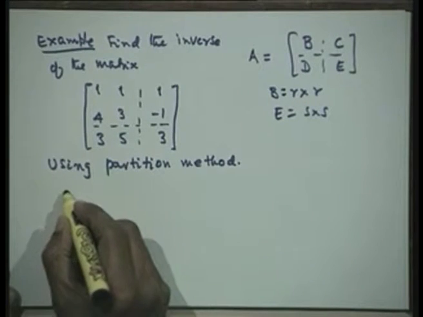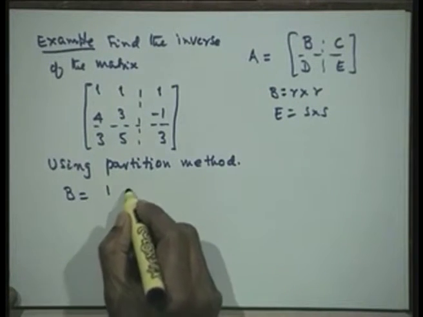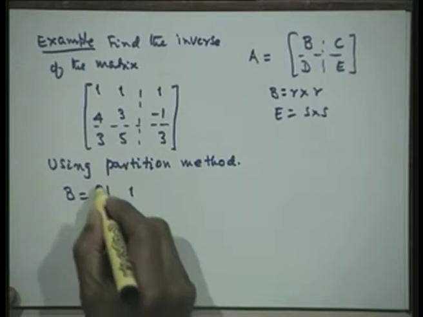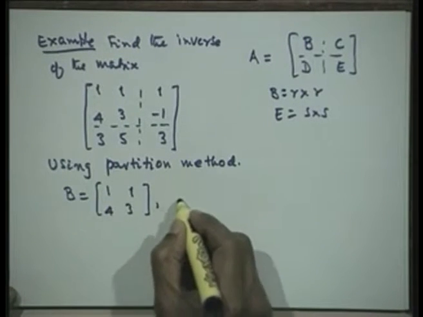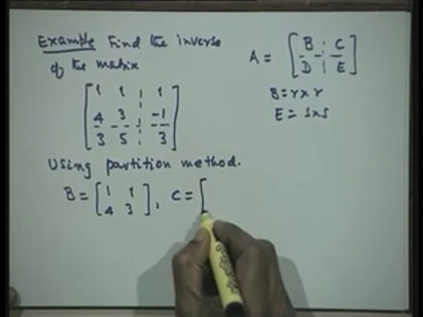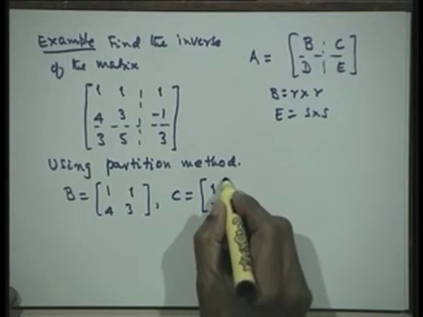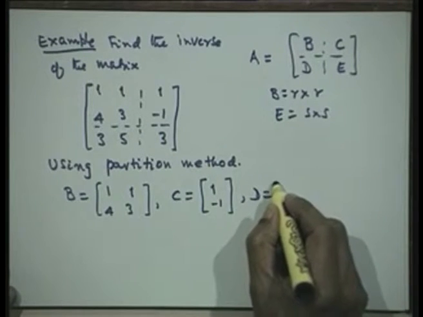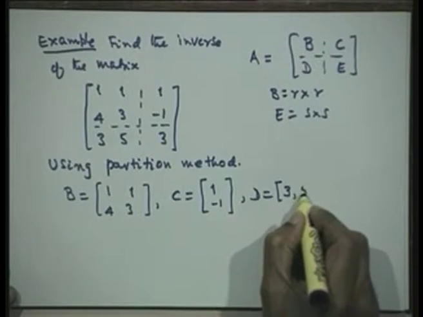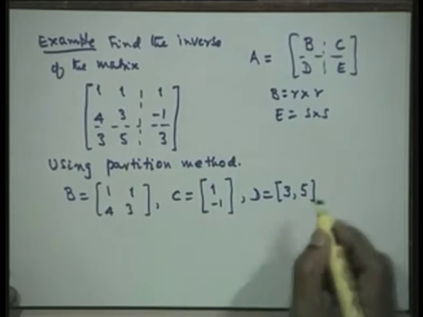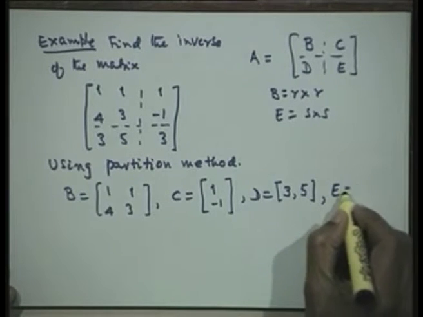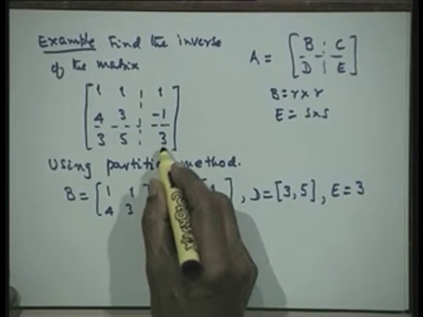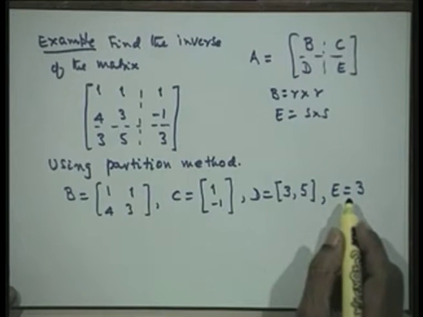Therefore, we are partitioning it as B is equal to 1 1 4 3. C is the column vector, in this case 1 minus 1. D is the row vector 3 and 5. And E is a 1 into 1 matrix, that is simply 3.